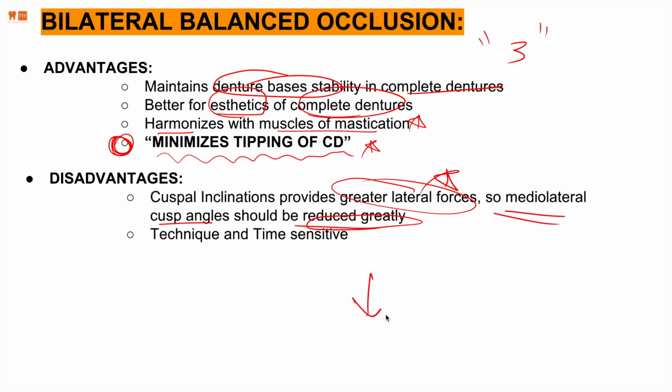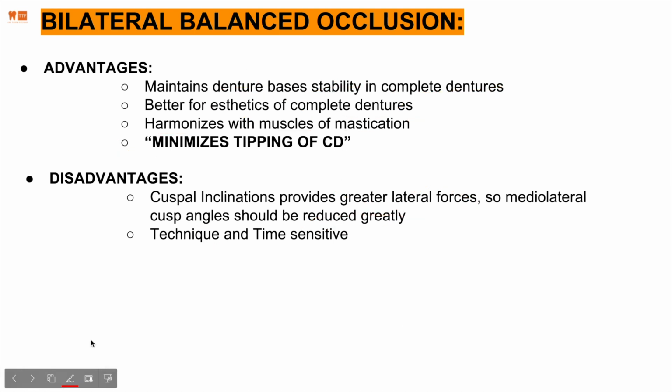So we want to reduce cuspal inclinations. And of course, bilateral balanced occlusion is technique and time sensitive. Now see, the reason why a decreased cuspal inclination is bad and it's a disadvantage is because it prevents you from masticating properly.